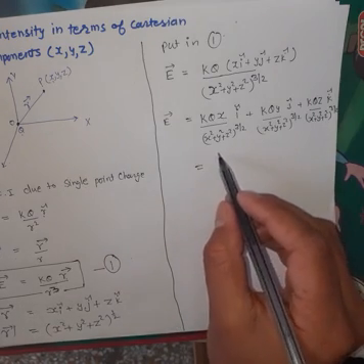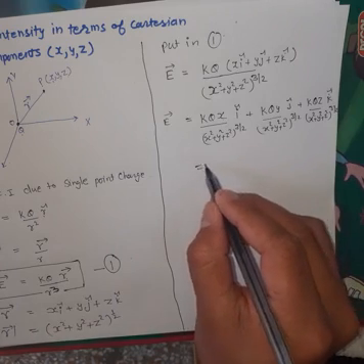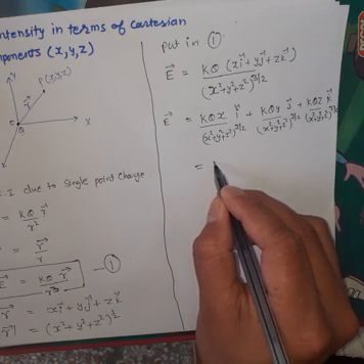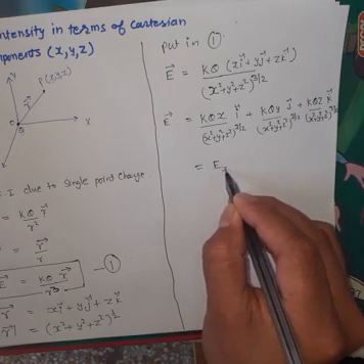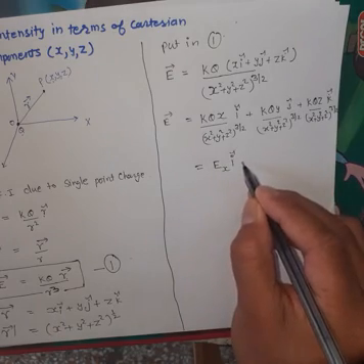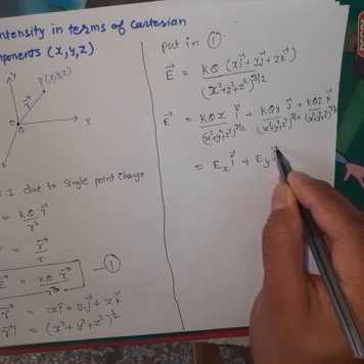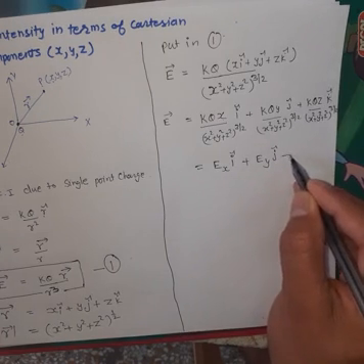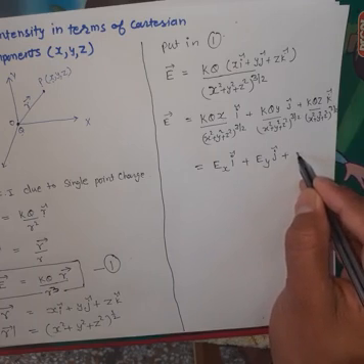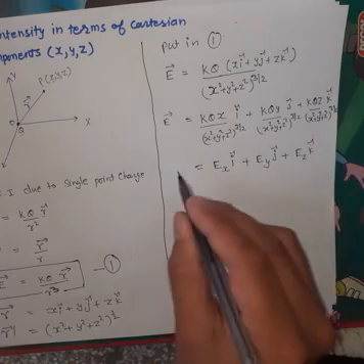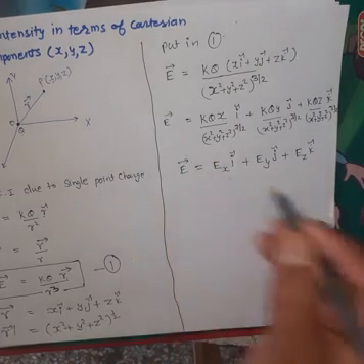So here this is the electric field along the x-axis, so it is Ex i, plus the electric field along the y-axis, so it is Ey j, plus the electric field along the z-axis, so it is Ez k unit vector. So that is the resultant electric field.